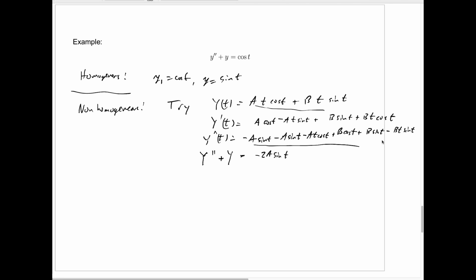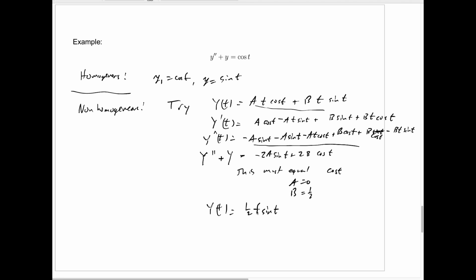That should have been cosine t. And then we have plus 2b cosine t, and this must equal cosine t. So the a has to be 0, and the b has to be 1/2. In other words, y of t must be exactly 1/2 t sine t.